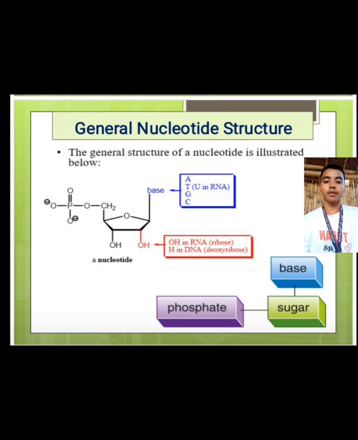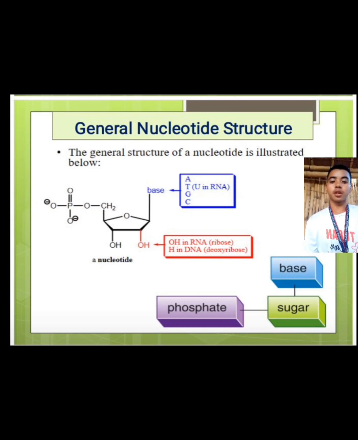The nitrogenous base belongs to adenine, guanine, cytosine, and or thymine in DNA, or uracil in RNA. The sugar is either ribose in RNA or deoxyribose in DNA.